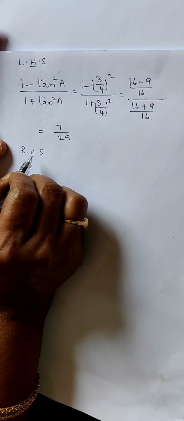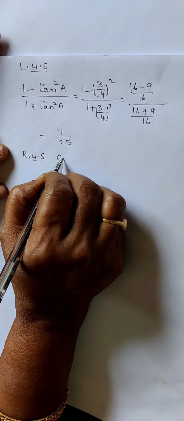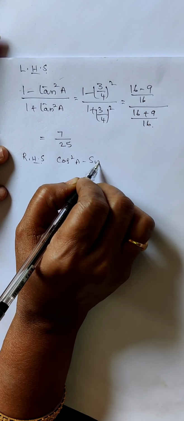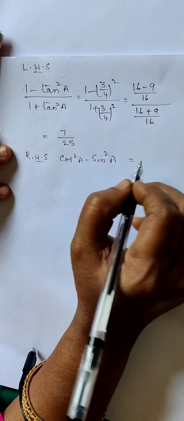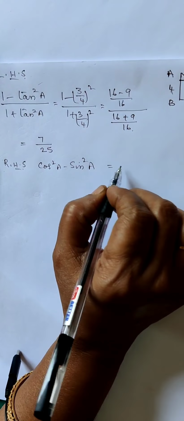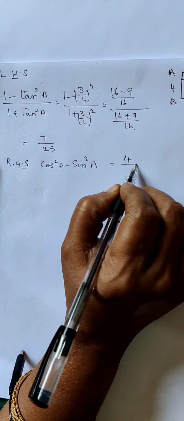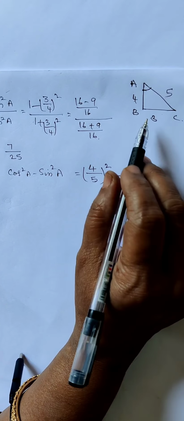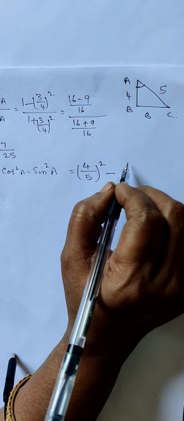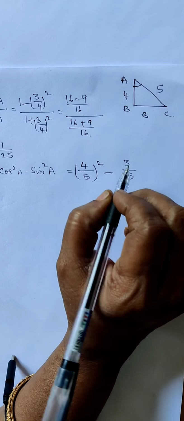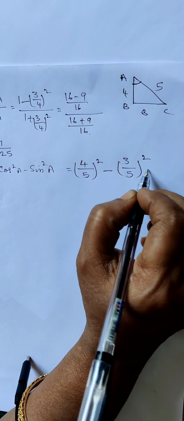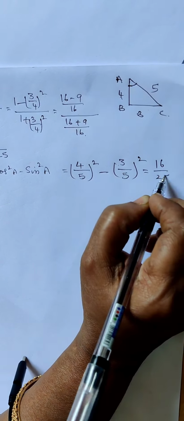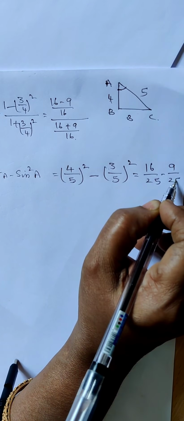What is RHS? Let us check RHS: cos square A minus sin square A. What is cos A? Adjacent by hypotenuse, 4 by 5 square, minus sin square A, opposite by hypotenuse, 3 by 5 square. So this is equal to 16 by 25 minus 9 by 25.